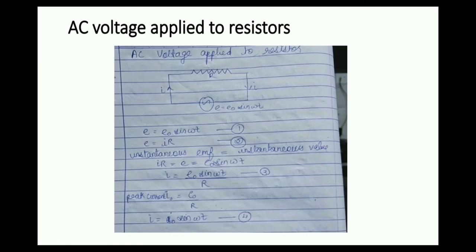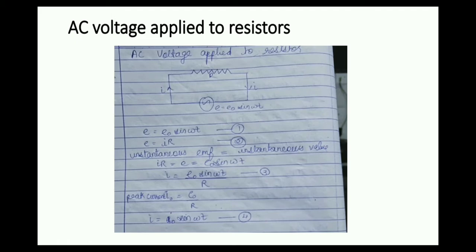So from the above two equations, we get IR equals E0 sine omega t, so I equals E0 sine omega t upon R, equation number 3. This equation has been taken from the above one, where we take I on the left side and the rest of the values on the right-hand side, divided by the denominator R.